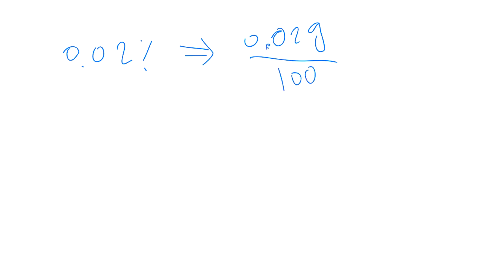0.02%. What does this mean? It means 0.02 gram in 100 milliliters. Is that correct? So you want to convert to milligram, the top one. So it's going to be 1000 milligram over 1 gram.